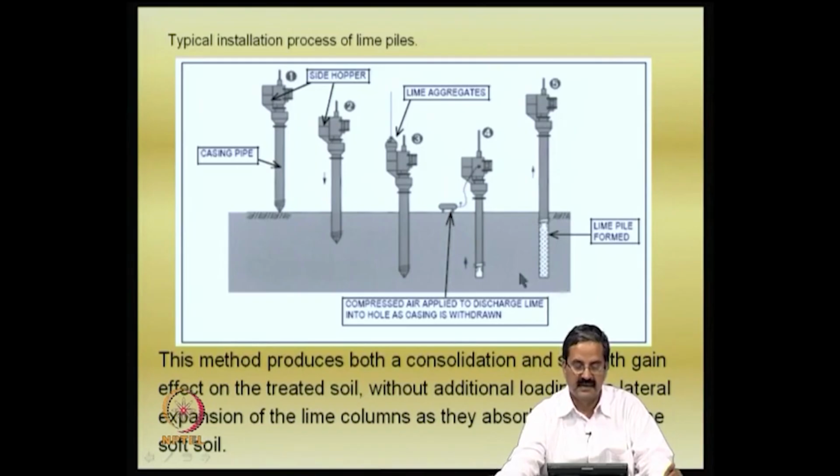In the design of stone columns, we said that there are a couple of things like flocculation and the ion exchange process. Water content is removed, as I just mentioned, because of hydration.